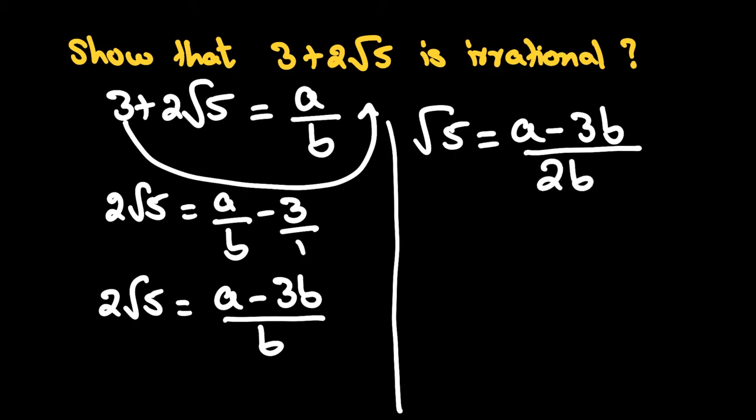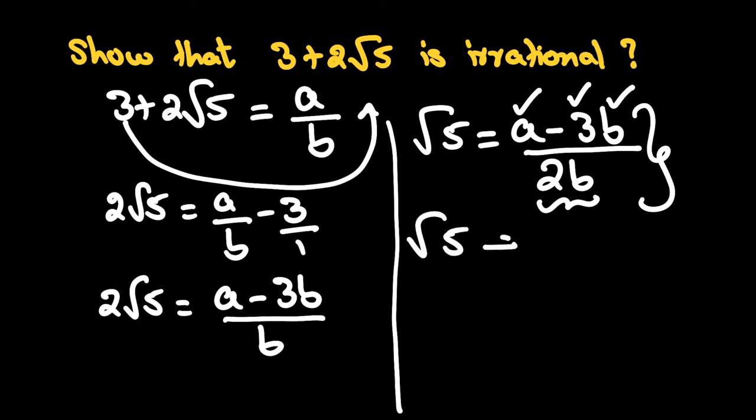Now look at this. a is an integer, 3 is an integer, b is an integer, and 2b will also be some integer. That means this whole part is going to be a rational number, which implies that root 5 is rational.